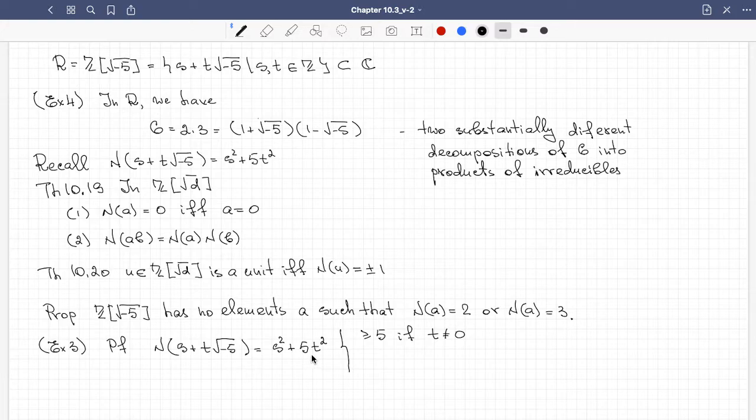Indeed, this is 5 times at least 1, since the square is positive, plus something else, so at least 5.